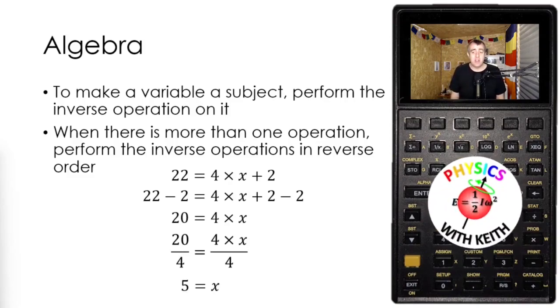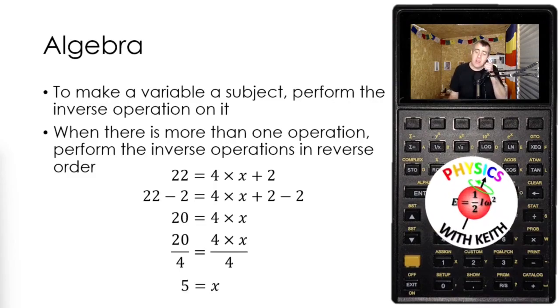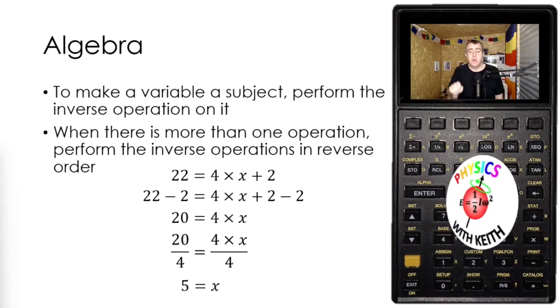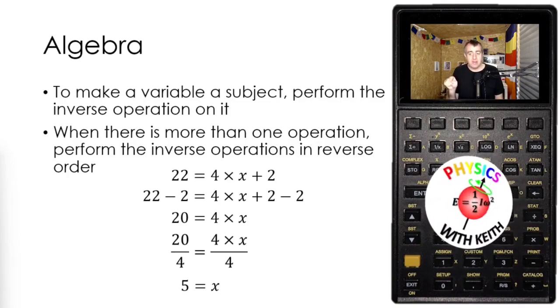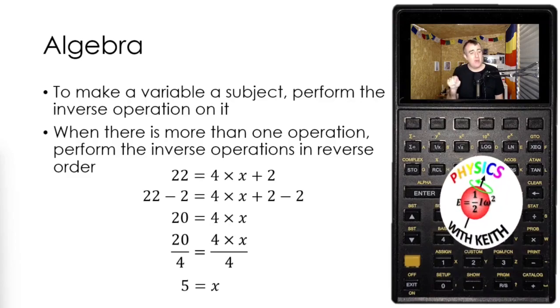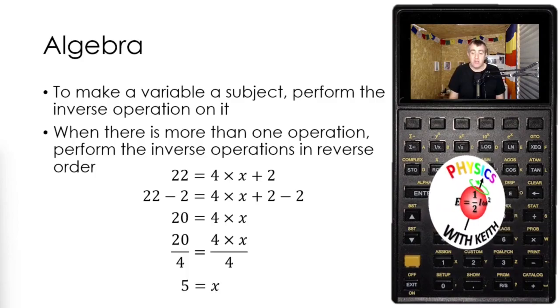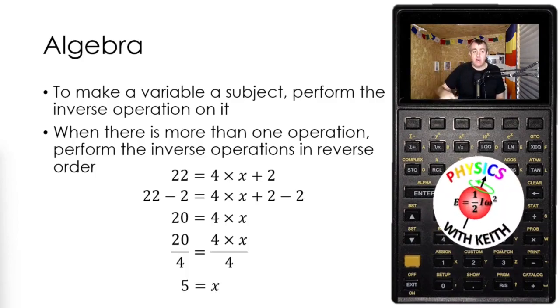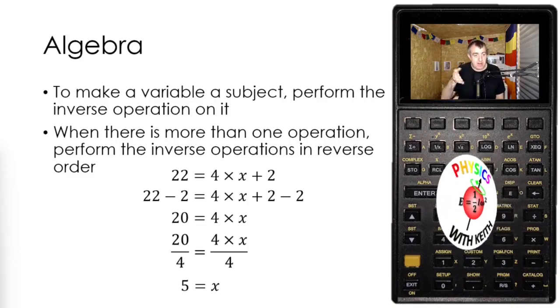We have this expression, 22 equals 4 times x plus 2. Well, in terms of operations, in order to get 22, we had to first multiply 4 by x, and then we had to add 2, because the addition of 2 comes later in the order of precedence than the multiplication between x and 4.